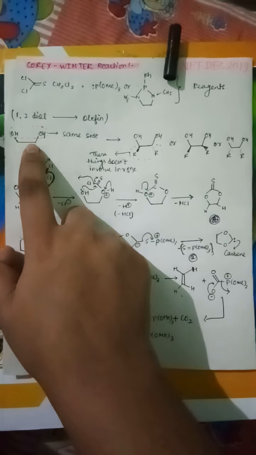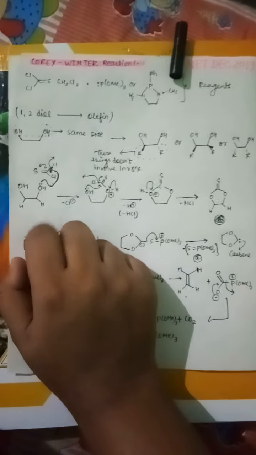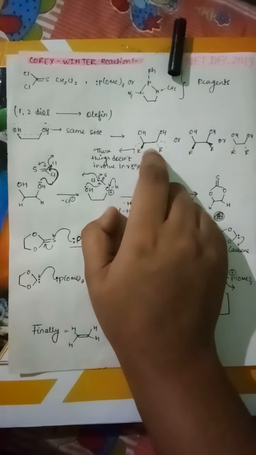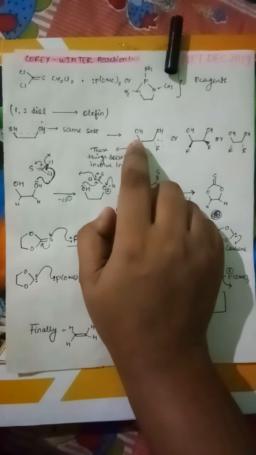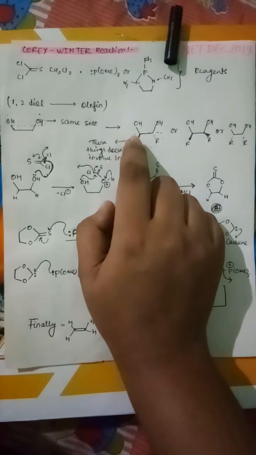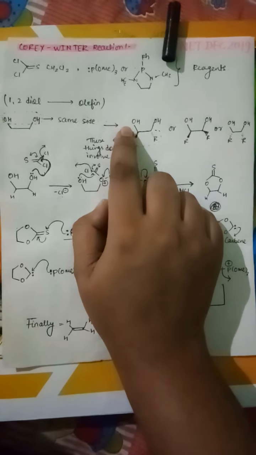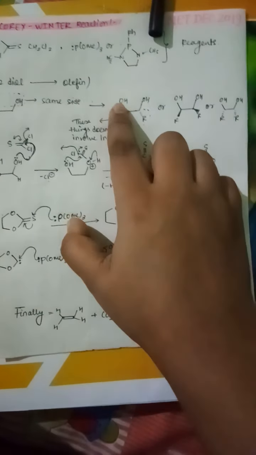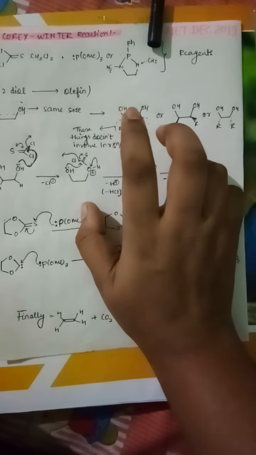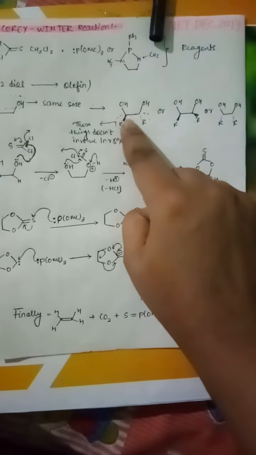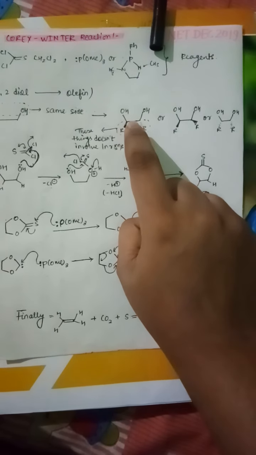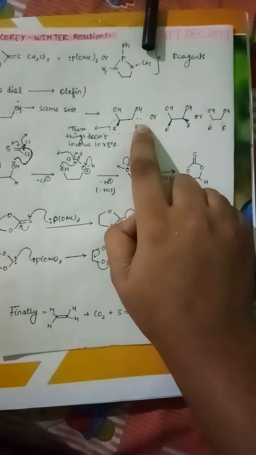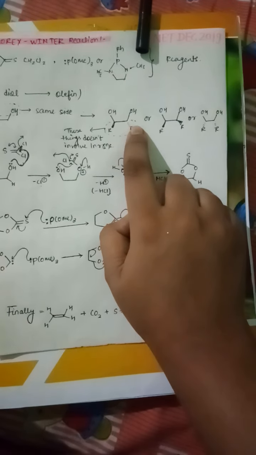Here the main reactant is a 1,2 diol, and mainly the other groups which are attached to the carbon containing the alcohol do not matter, because both OH should be on the same side, and these other groups do not involve in the main reaction, so their importance is not so much required.